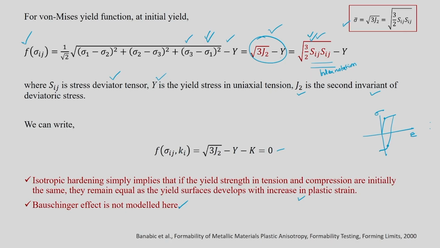They remain equal. That is the general assumption we are making here, which means you cannot model the Bauschinger effect with this.